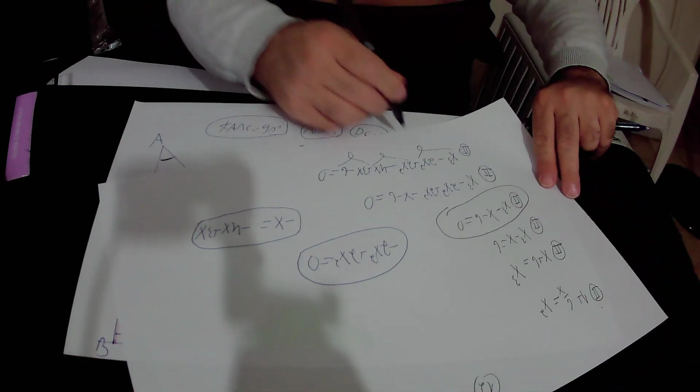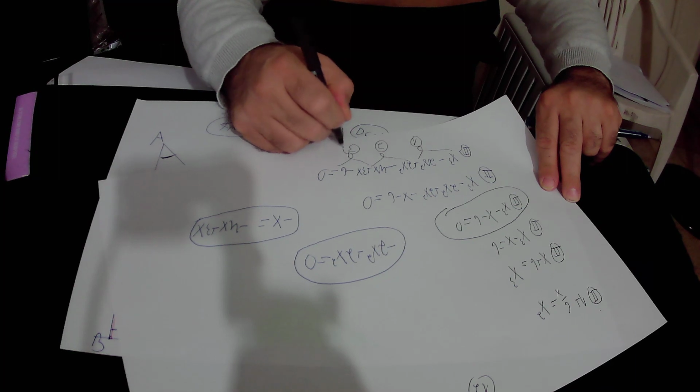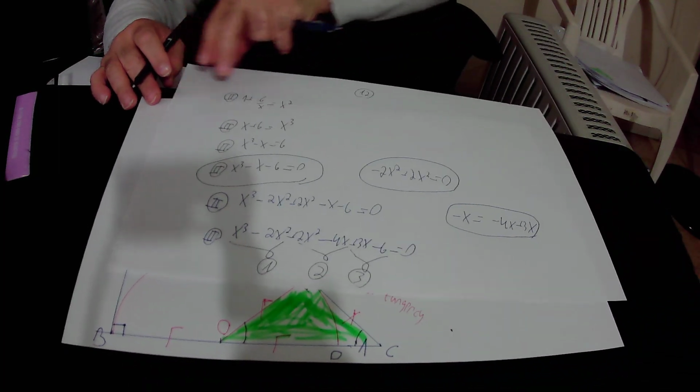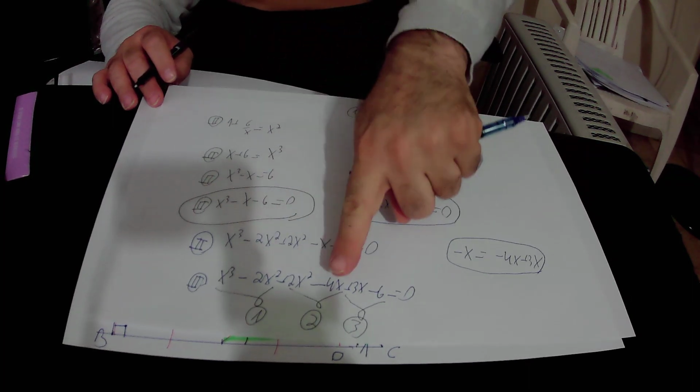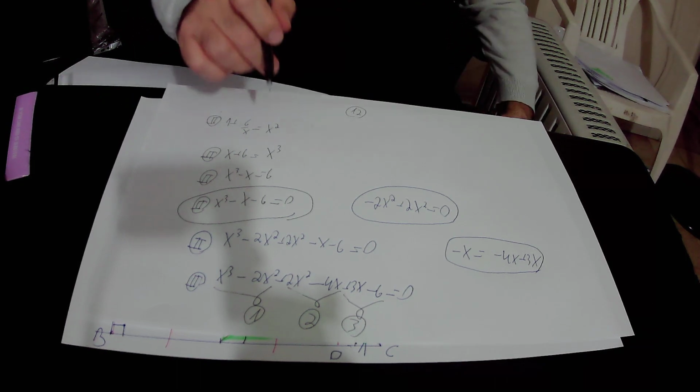Okay, I will repeat again. We will divide equation number 2, this equation, into 3 parts, 1, 2, 3, and we will take out a common factor from each part.